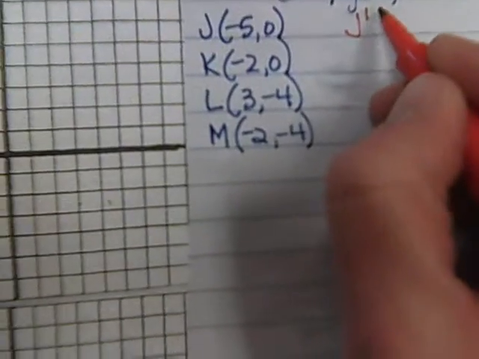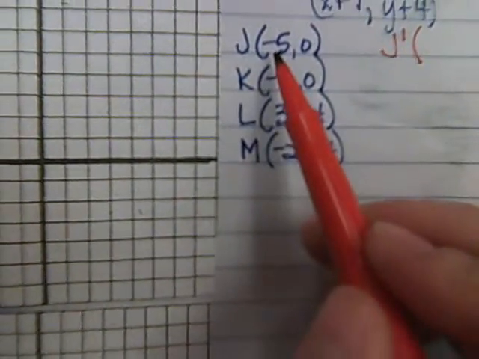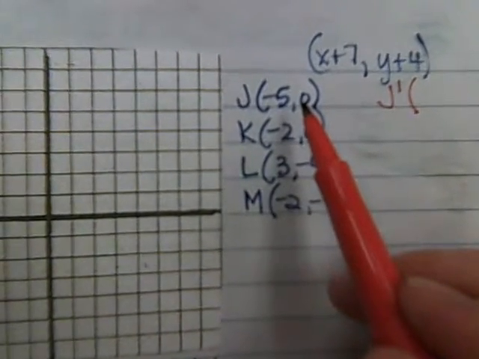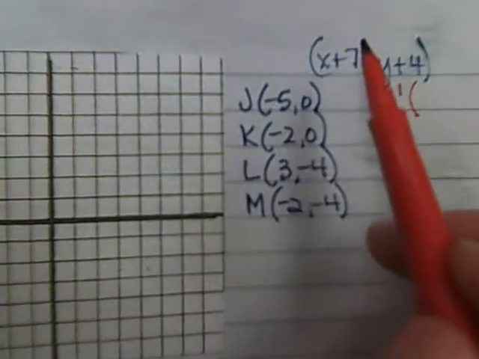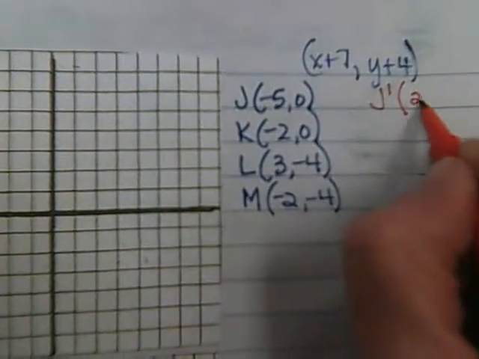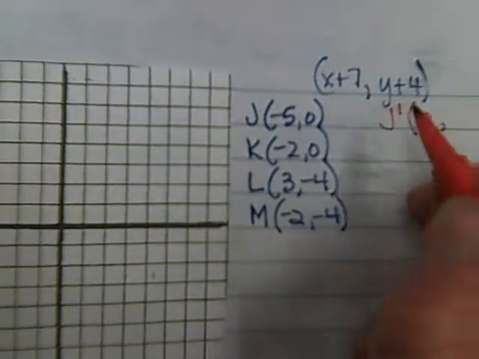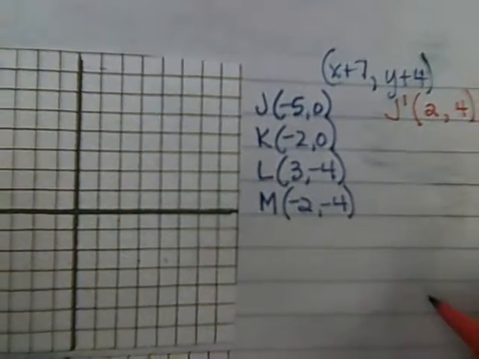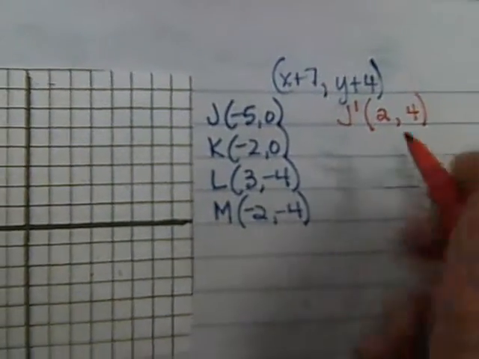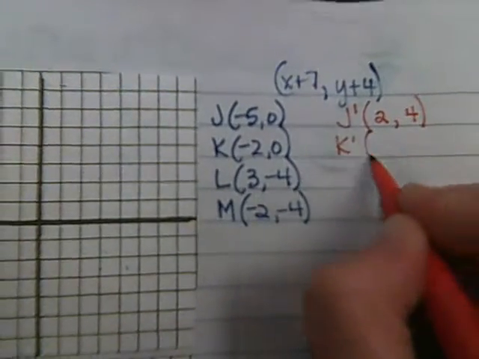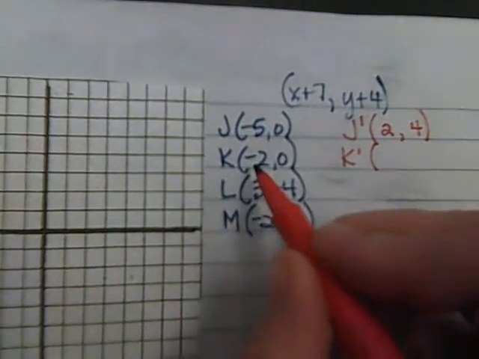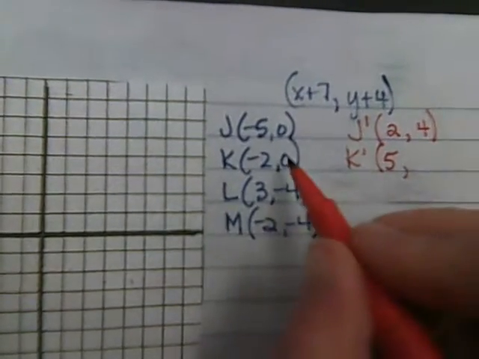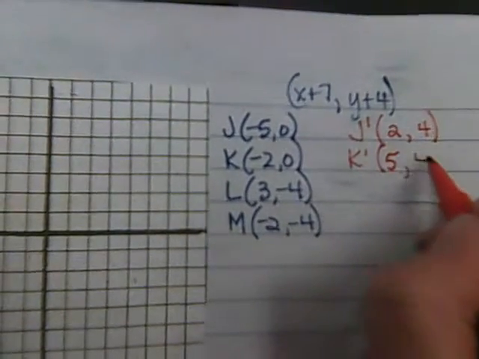So for J prime, I should be taking my x and adding 7, and my y and adding 4. -5 plus 7 is 2. 0 plus 4 is 4. K prime. -2 plus 7 is 5. 0 plus 4 is 4.